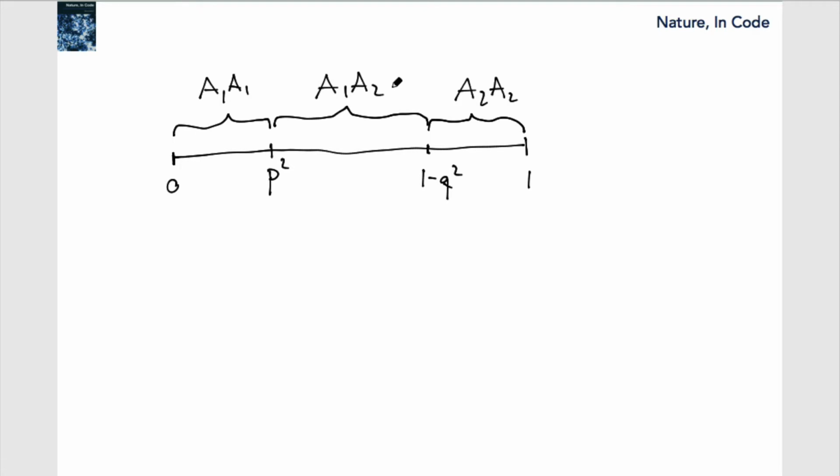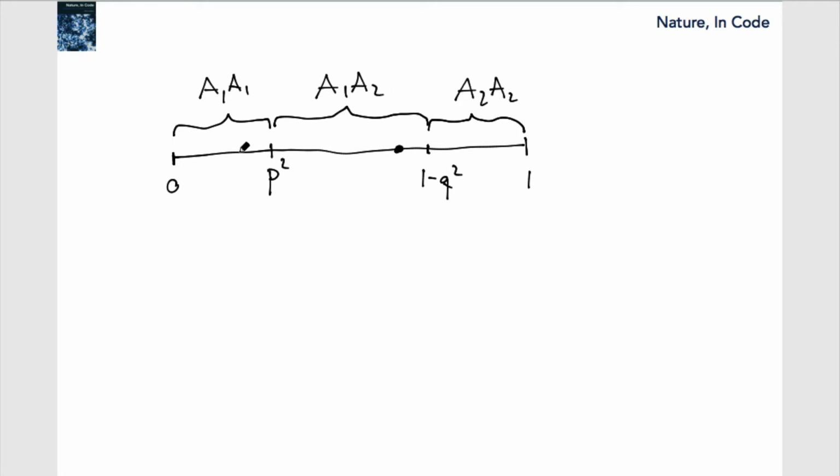And the reason why this is helpful is because you can now think of Math.random, which generates a random number between 0 and 1, as sort of dropping a pen randomly somewhere on this line, and perhaps it lands here, and now because it lands in this region, you should generate an A1A2.